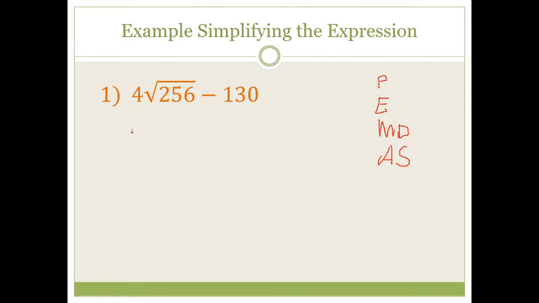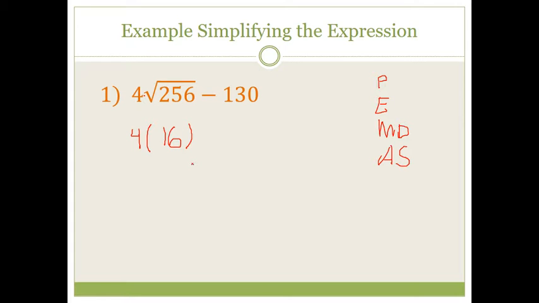So I'm going to bring down the 4, and now I'm going to multiply that, because remember when we write things right next to each other, it means multiply. But first I'm going to figure out inside these parentheses what the square root of 256 is. That means I'm looking for a number that when I multiply it by its own self is 256. I'm not dividing 256 by 2. Let me think. This is a fairly familiar number to me.